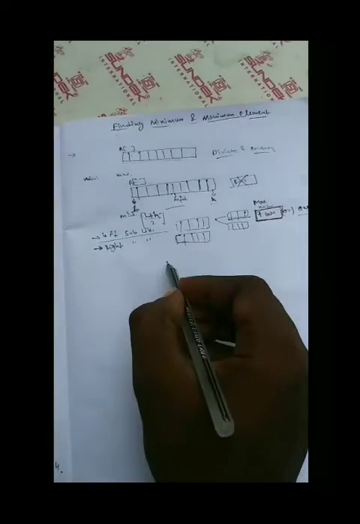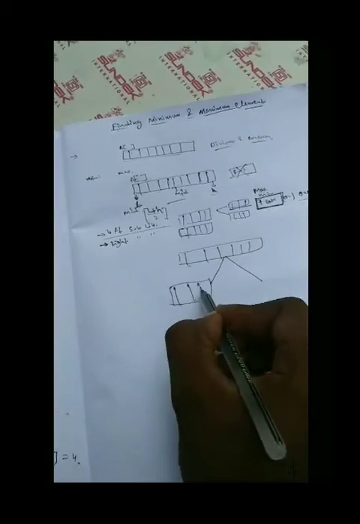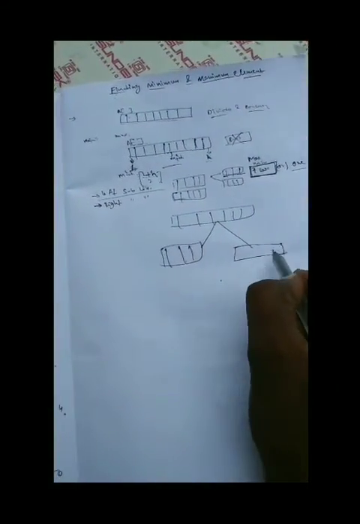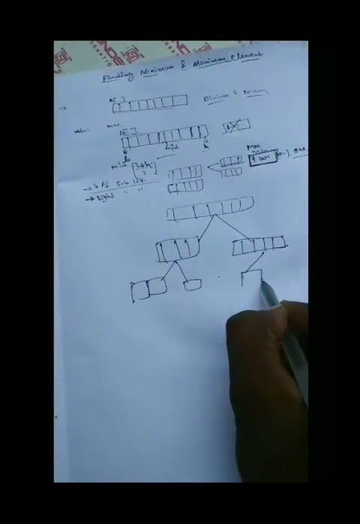Otherwise, if the list contains multiple elements, again we divide it into sublists until it has one or two elements. When we find one or two elements, we stop the process.